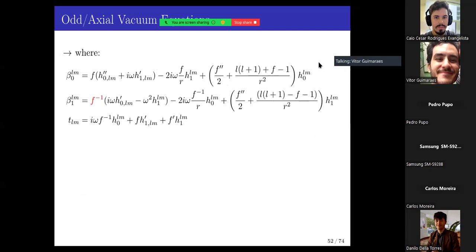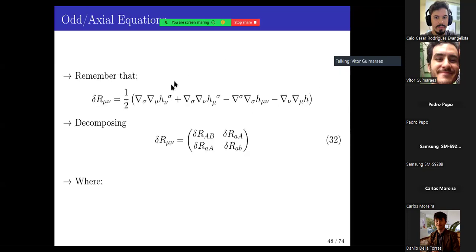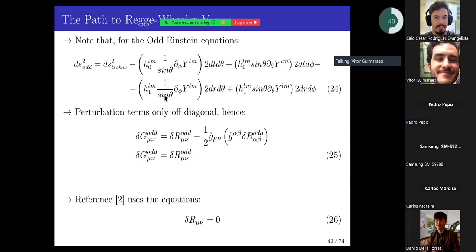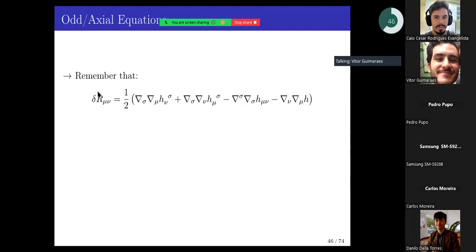Is it clear where they come from? This is a result of this. We plugged this metric here into this equation here, took the covariant derivatives, where we computed the Christoffel symbols and all that comes with the covariant derivative, took the partial derivatives with respect to R and T and all that sort of thing.